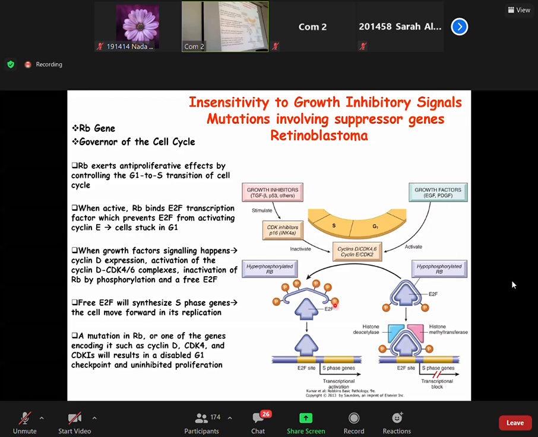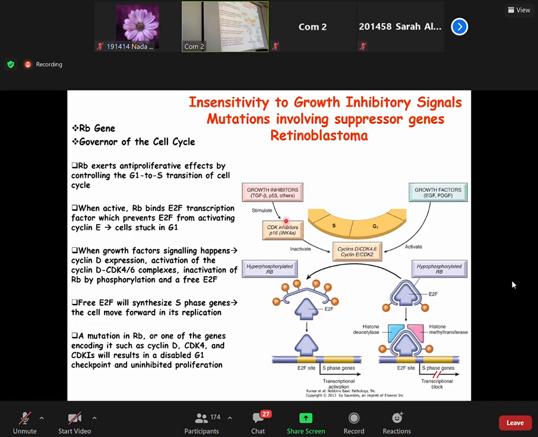Okay, so that's what is going to happen if you have activating mutation of the cyclins and cyclin-dependent kinases. The same exact thing, because it will keep taking the normal retinoblastoma gene and making it inactive by hyperphosphorylation, right?